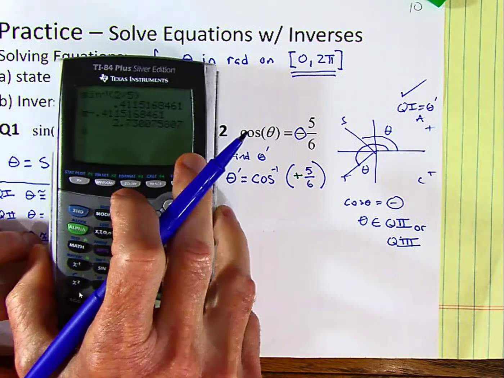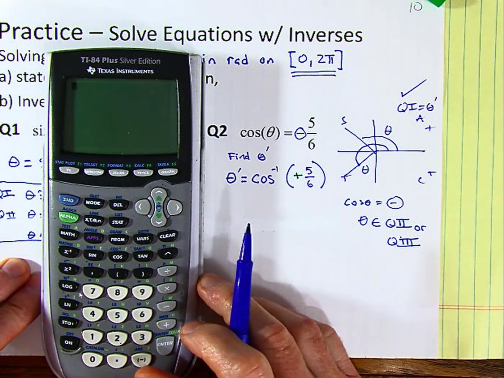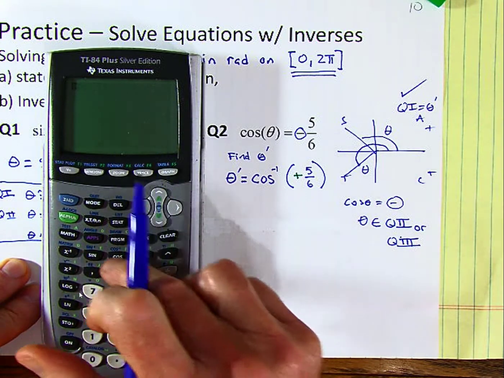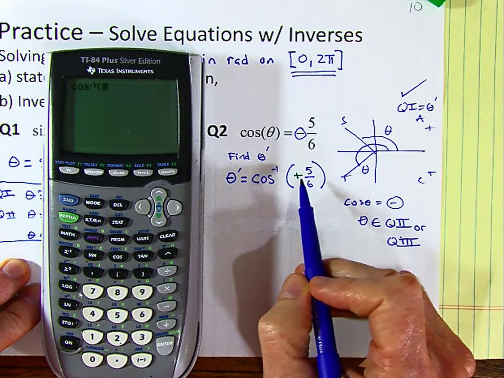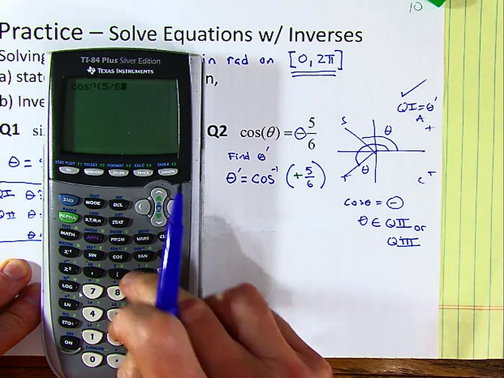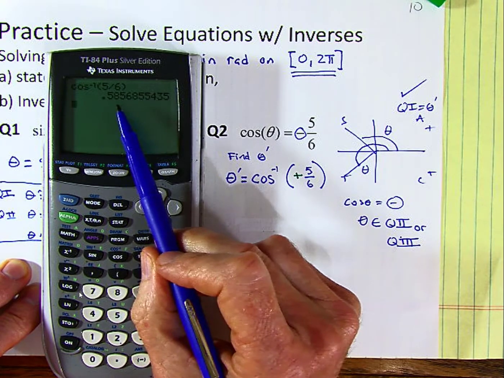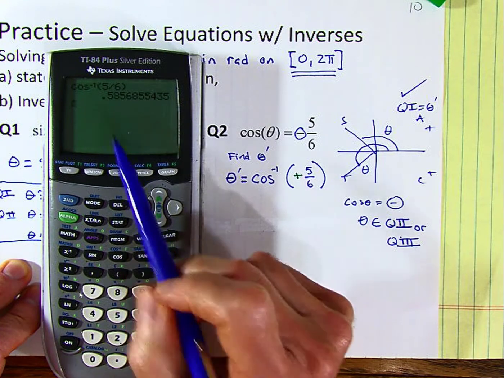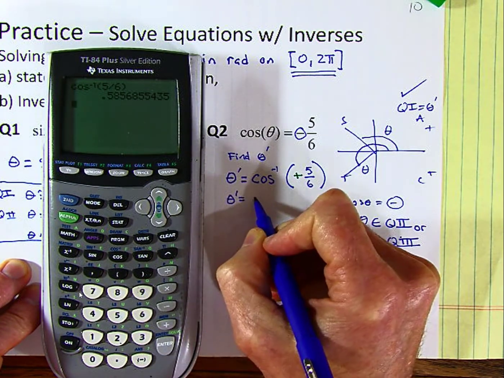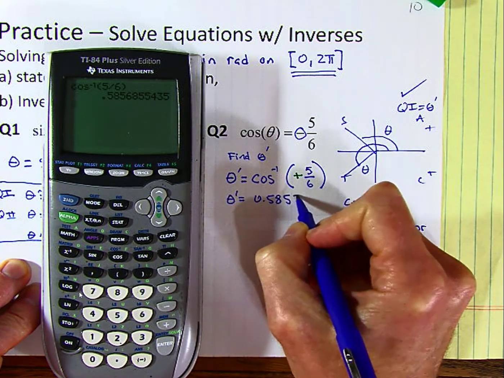And so let's do some calculator work here. Cosine inverse of positive 5 divided by 6. I'm not putting that negative in there. And I get a reference angle. This is radians now, so it's a crazy looking decimal, but the reference angle is 0.5857.